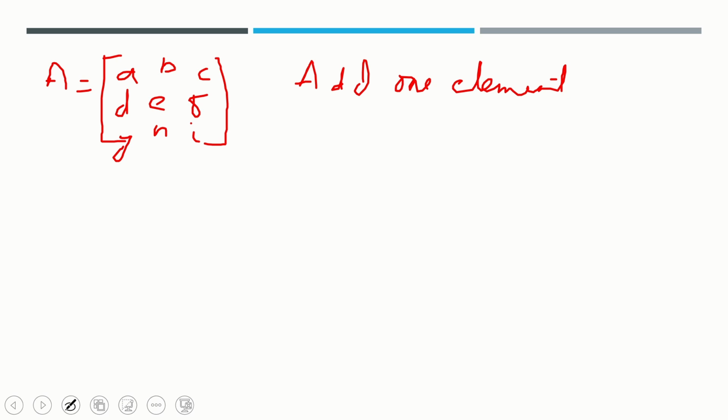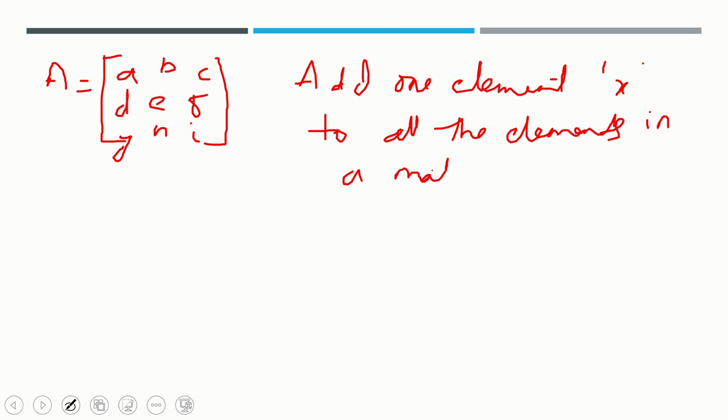I am just adding one element x to all the elements in the matrix. Our research says that instead of adding different elements, I will just add one element to all the elements in the matrix.